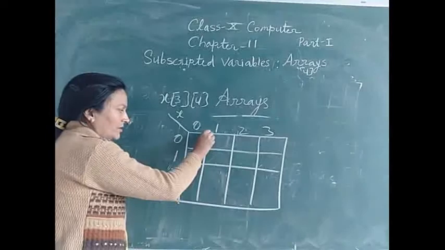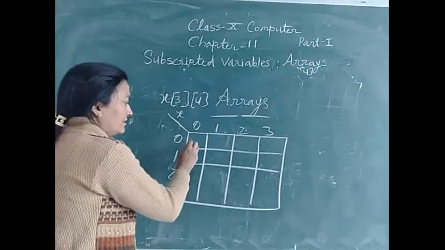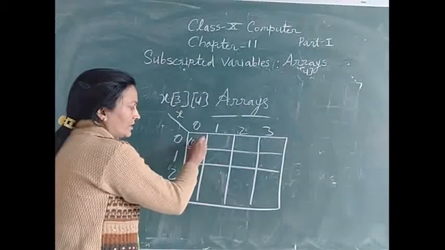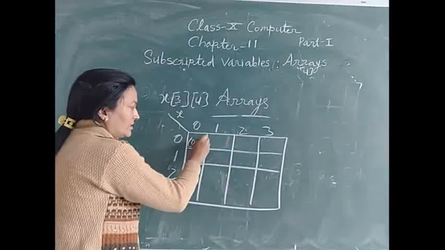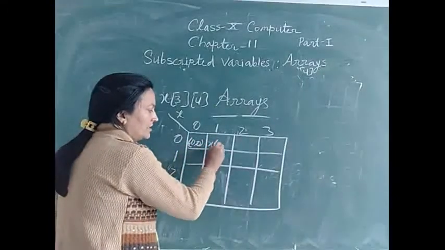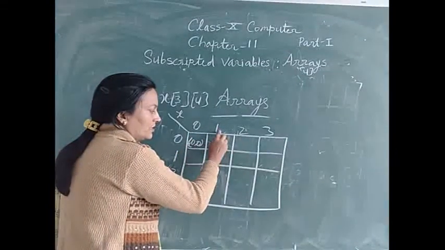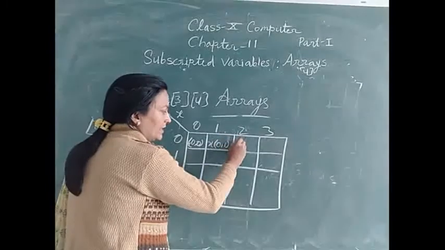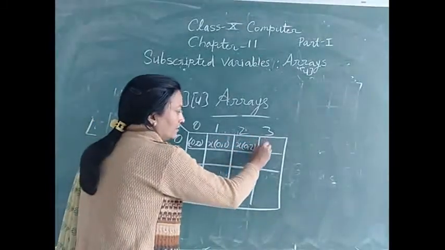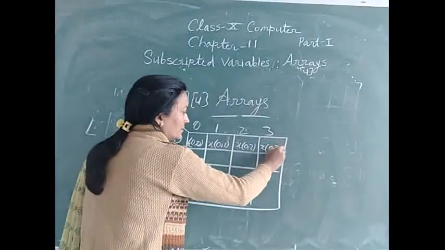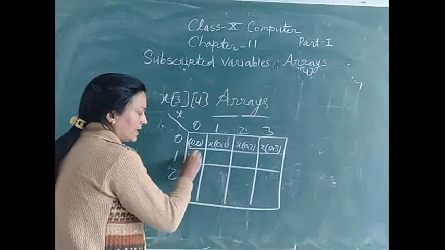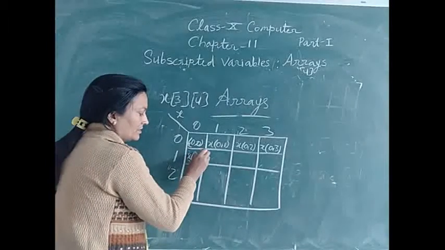The index number of this cell is row number 0 and column number 0. The address of this cell is X[0][0], the address of this cell is row 0 column 1, the address of this cell is [0][2], and this is [0][3].